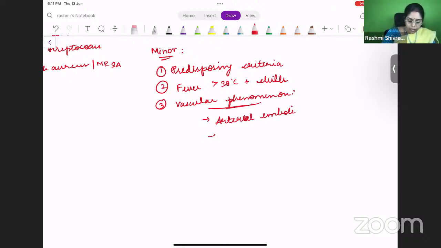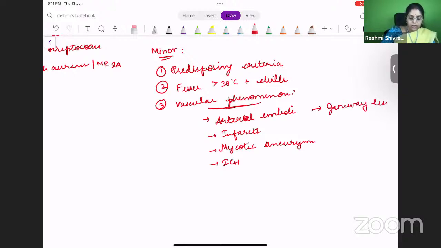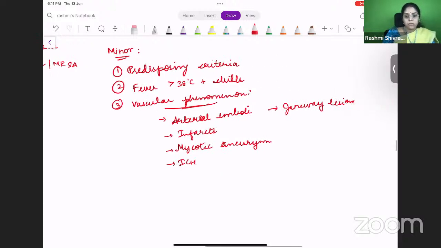You can also have infarcts. Then you have a mycotic aneurysm in the blood vessels of the brain, or you can have an intracerebral hemorrhage, or the named one which I was telling you, Janeway lesions. That is the one you must remember in the vascular phenomena.